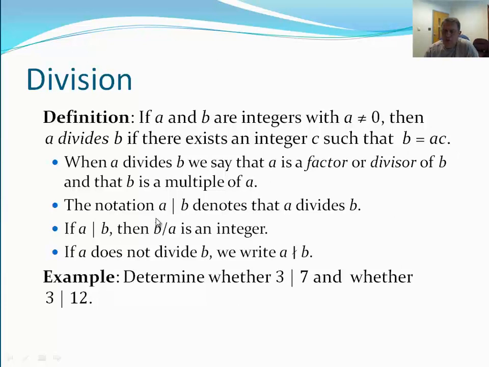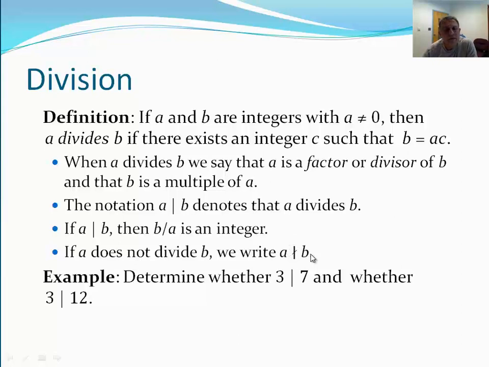The notation a, straight line, b, denotes that a divides b. Now, if a divides b, then b over a is an integer. There's no remainder if it divides. If a does not divide b, we write a, the straight line, then put a cross line.